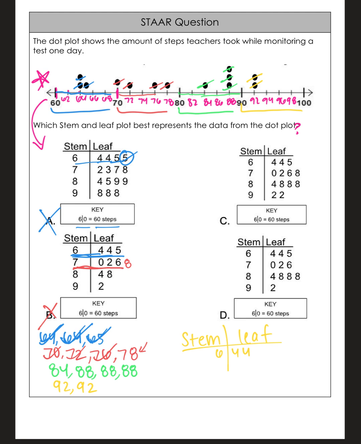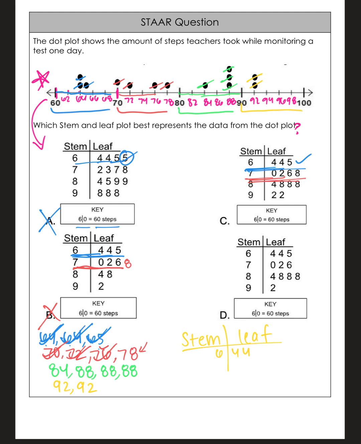So we're going to go back to the 60s. I should have 3 numbers, and I should have 64, 64, and 65. So far, these are good. Next, I'm going to go back to the 70s, and I should have 70. All right, we're good there. 72, good there. 76, perfect.